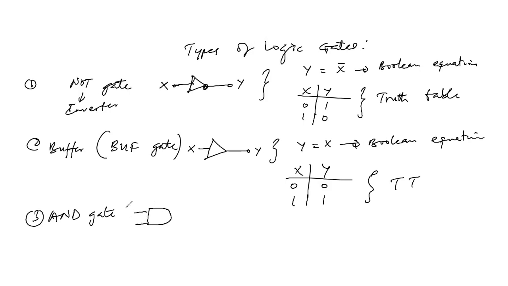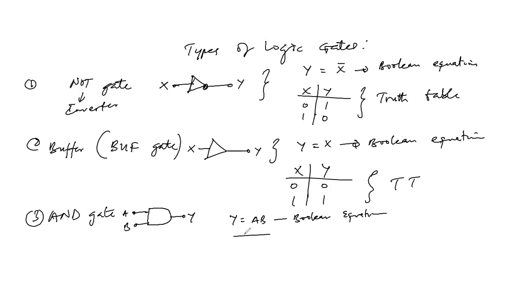Something like A, B as the input and Y as the output. So Y is the same as A dot B. This is the Boolean equation.